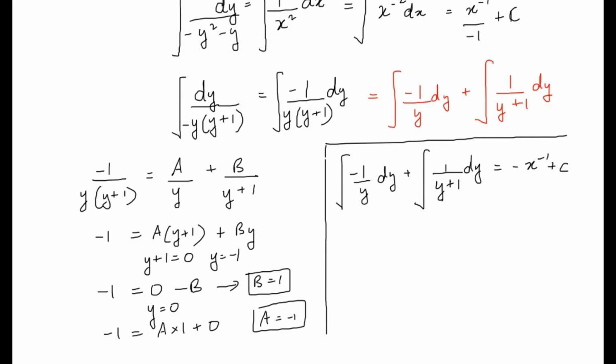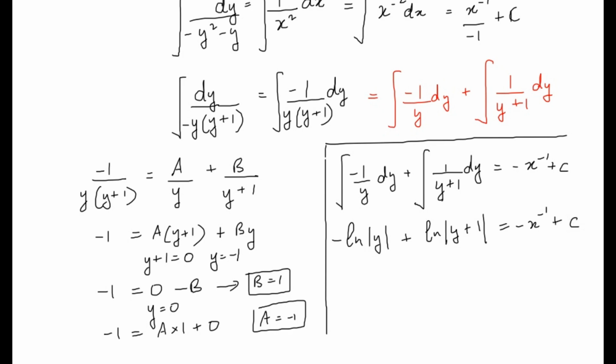The integral of these two is pretty simple. They are both linear expressions in the denominator, so these are log expressions. So negative ln mod y plus ln mod y plus 1 equals negative x to the power of negative 1 plus c. So this is the general solution.